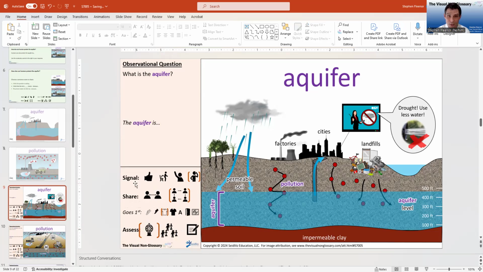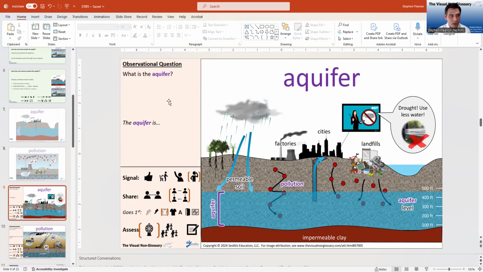Now, the beauty of the Visual and Glossary is that the vocabulary that's relevant to the grade level standards is built into the visual. And everything about this vocabulary word is within this visual. So if a student has never heard of the vocabulary word aquifer, for example, they can still provide a really great academic sentence in response to these questions.